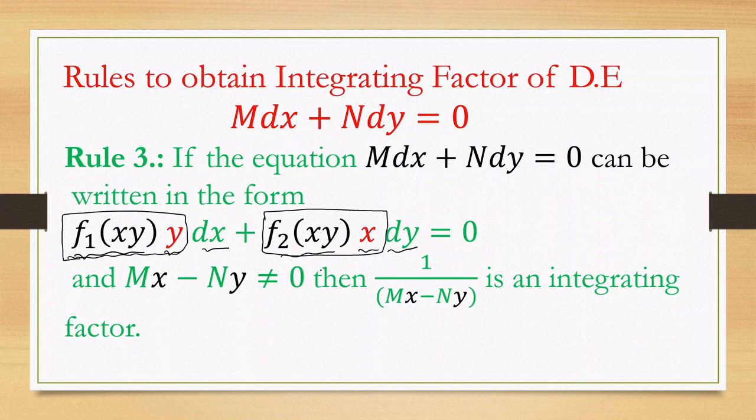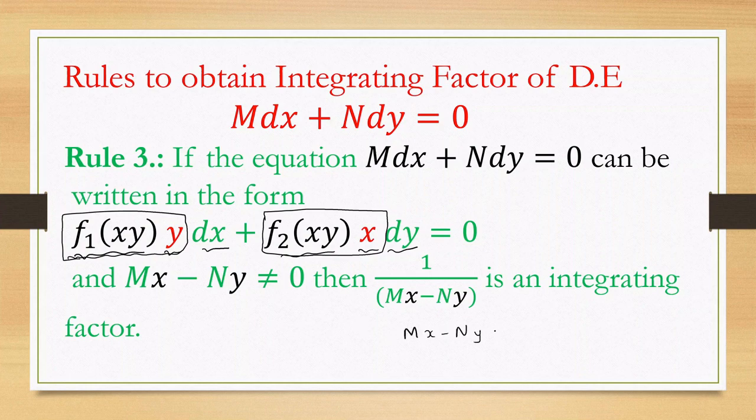for this differential equation. Okay, so basically rule number 3 says that if the special format is given in the differential equation, then we can directly write the integrating factor as 1 upon Mx minus Ny, provided that M into x minus N into y is never 0, right?